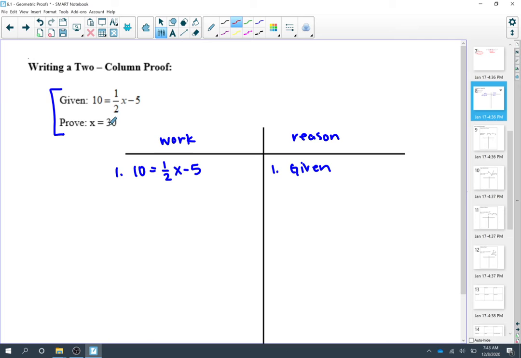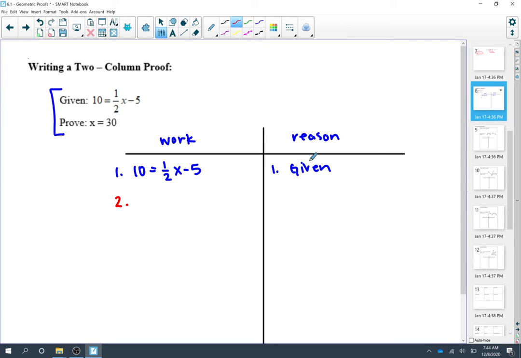So any idea that you think you're going to take that 30 and maybe substitute it in to like check the answer, you can't do that because this is what you're trying to prove. So you can't use what you're trying to prove in your proof. Okay, it's kind of like in English where you try to define a word by using the word in the definition. That's not allowed.